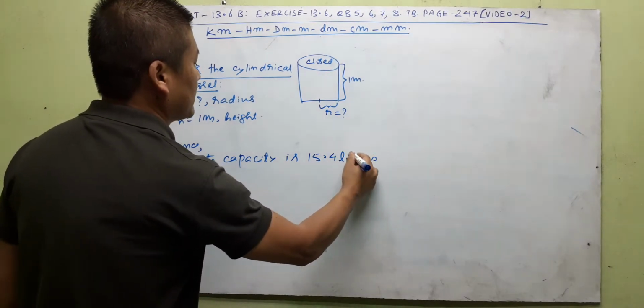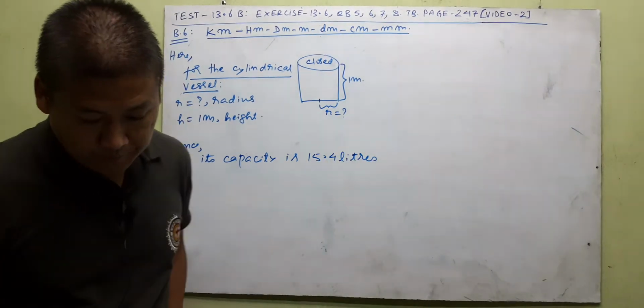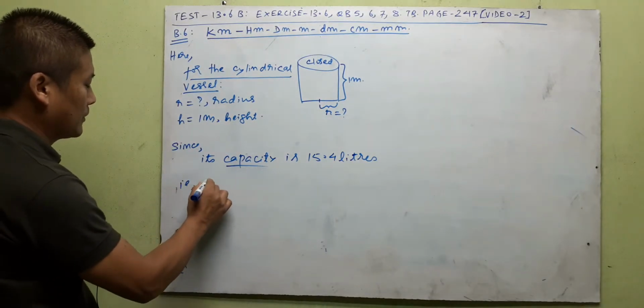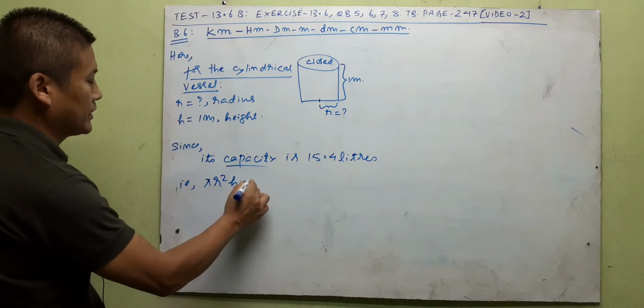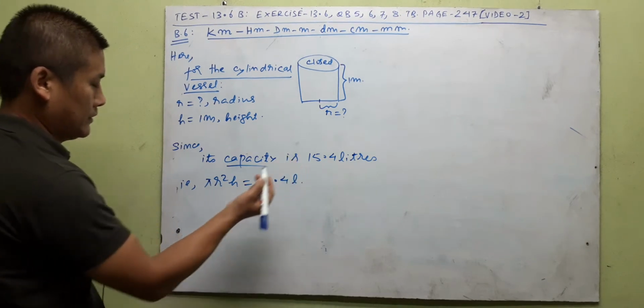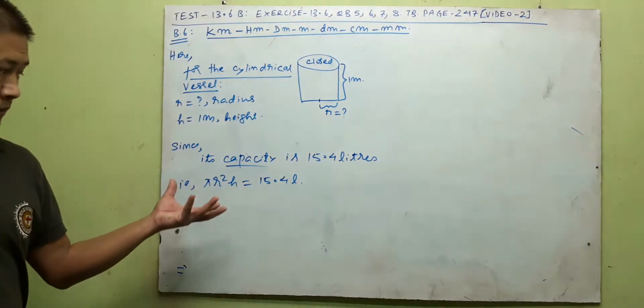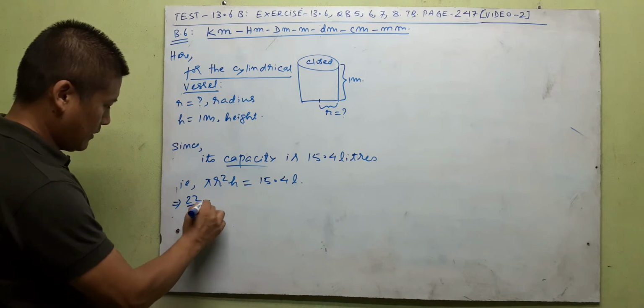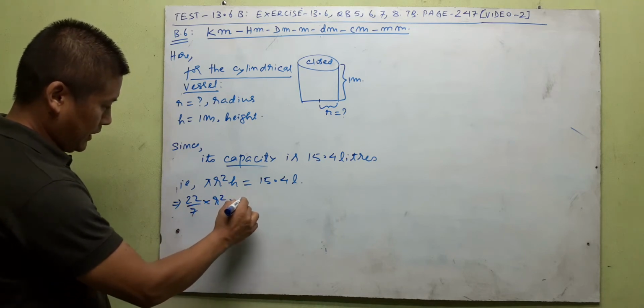Look into your question and it is written like that. So with this, underline this word: capacity means simply volume. Pi r square h is equal to 15.4 liters. That's what it means, right? Now let us do it slowly. 22 by 7, r square is unknown, h is 1 meter.